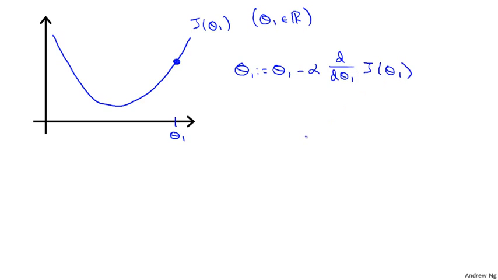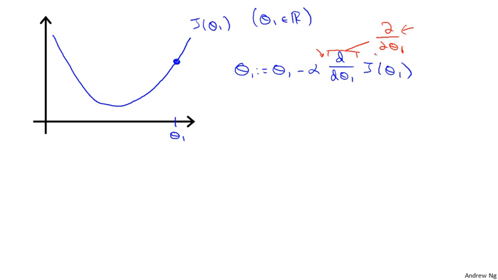And as an aside, if you're wondering why I changed the notation from these partial derivative symbols, and you don't know what the difference is between these partial derivative symbols and the d/d theta, don't worry about it. Technically, in mathematics, we call one a partial derivative and the other a derivative, depending on the number of parameters in the function J. But that's a mathematical technicality.